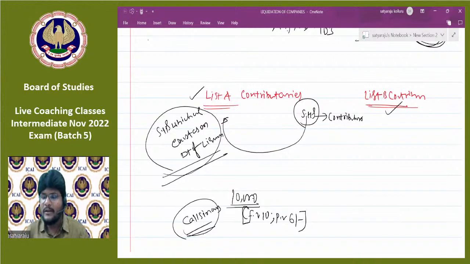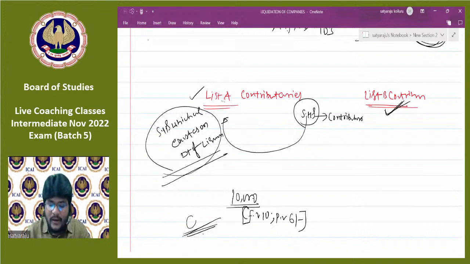We already did such an adjustment in one of the problems. Now I'm extending the issue: if list B contributories exist and the list A contributories are unable to contribute the money, then the liquidator cannot treat it as calls in arrears. The liquidator has a second choice to ask that money from the list B contributory.